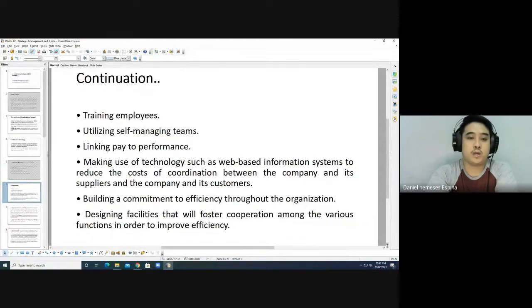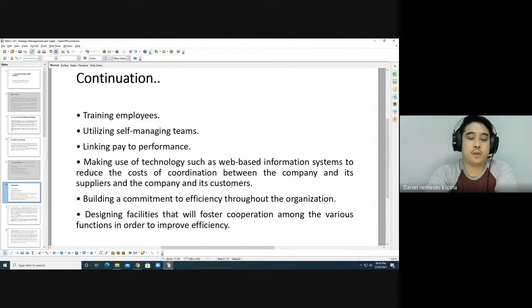We can also train the employees so that they can create fewer defective products or they can improve their services. Utilizing self-managing teams, linking pay to the performance or to the output, making use of technology such as web-based information systems to reduce the cost of coordination between the company and suppliers.